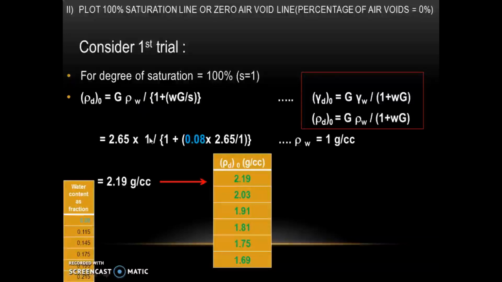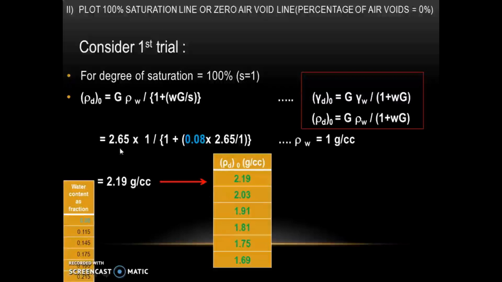So rho W we will also write in terms of gram per cc, so it is equal to 1, and 1 as it is, plus water content value for first trial is 0.08. G is 2.65 and S is equal to 1. So after calculation we get the value of rho d naught as 2.19 gram per cc for the first trial.